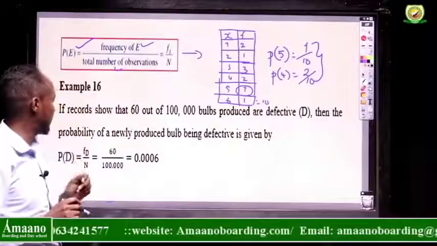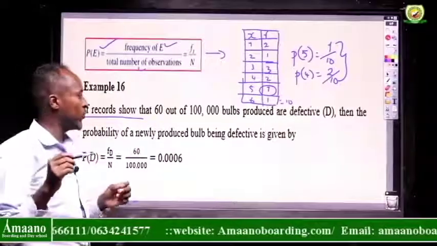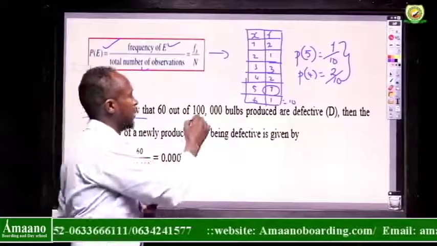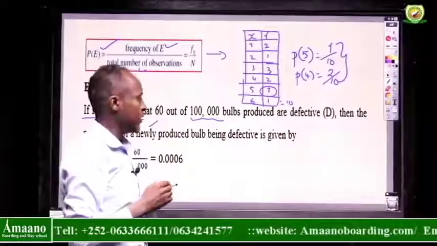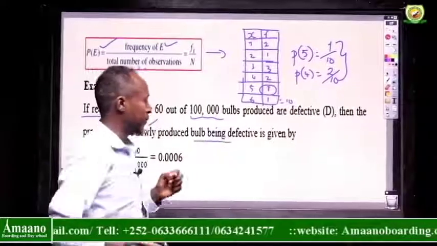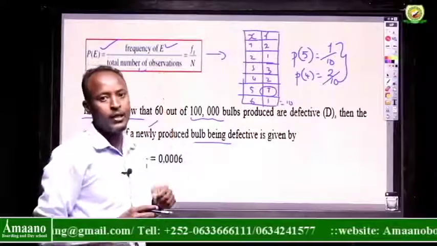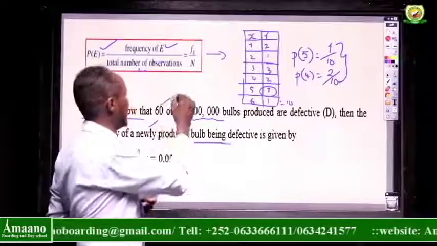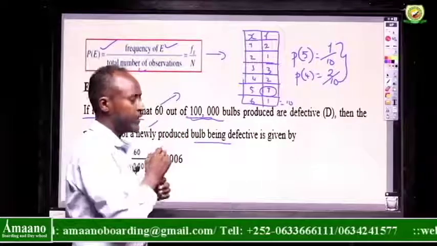From here, we have one example. If records show that 60 out of 100,000 bulbs produced are defective, it means that for each 100,000 bulbs produced, 60 are defective. If you are asked the probability of a newly produced bulb being defective, we will use the empirical approach. It means the frequency, how many bulbs are defective. The defective bulbs, the not working bulbs, is 60 out of 100,000 bulbs.